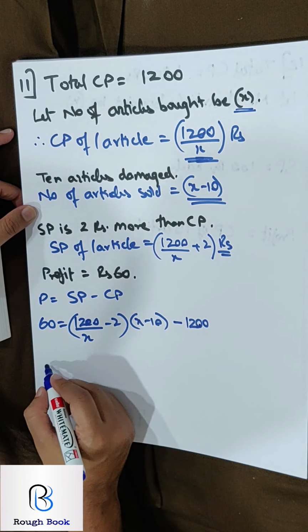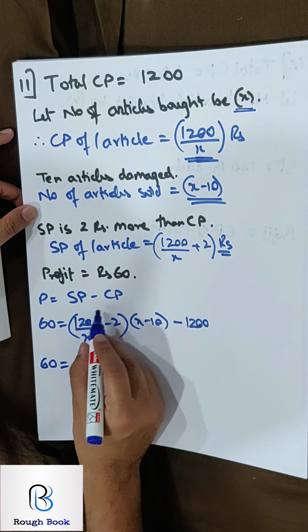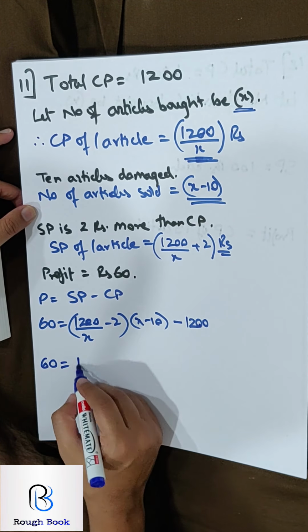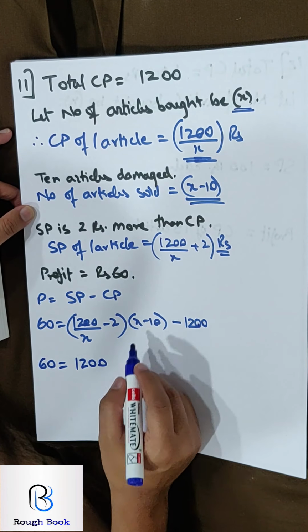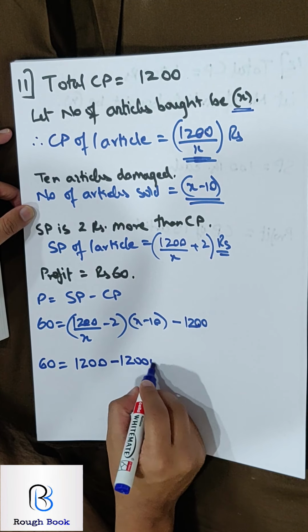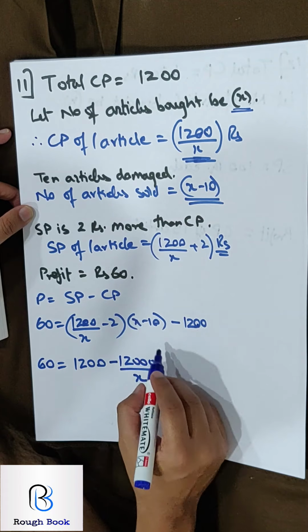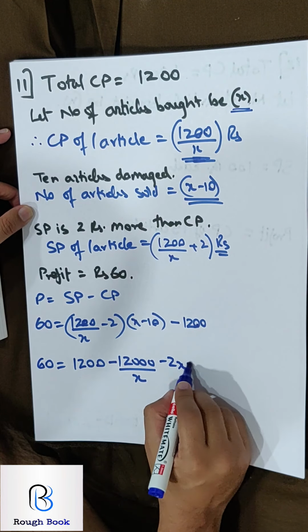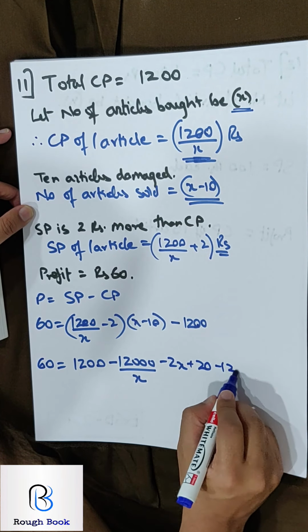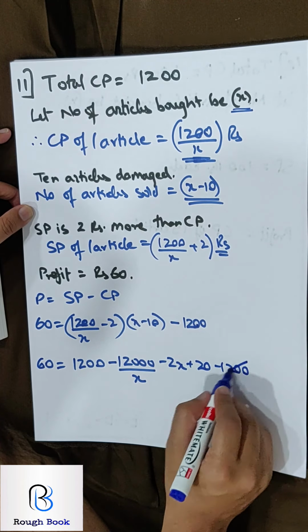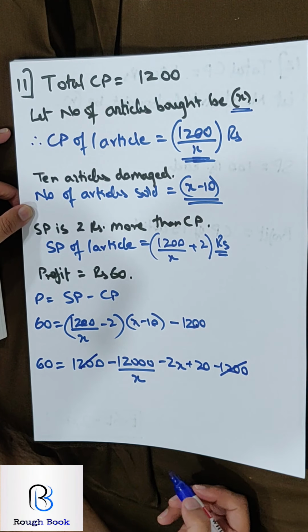So let's take it forward now. So 60, expanding it, so x gets cancelled, I get 1200 minus 12,000 upon x minus 2x plus 20 minus 1200. So minus 1200 plus 1200 gets cancelled.